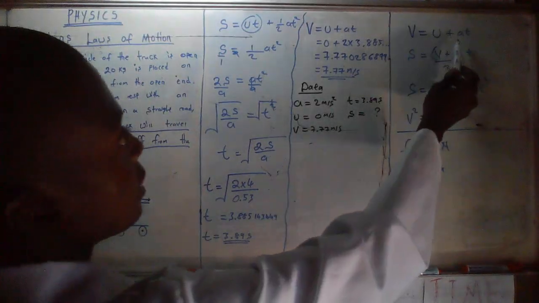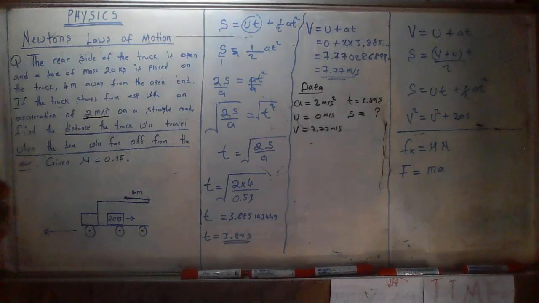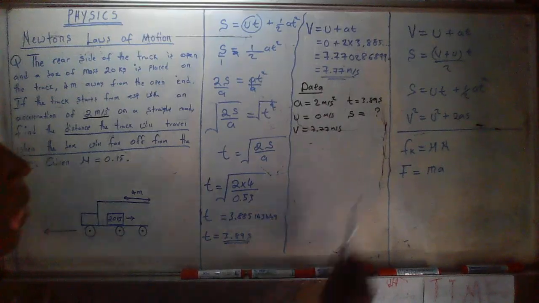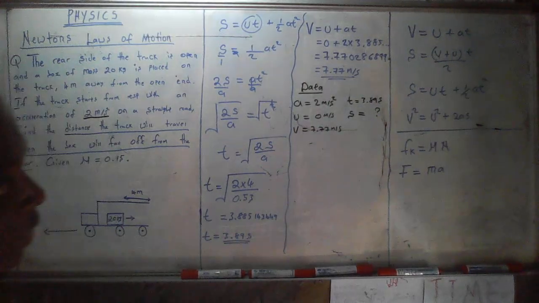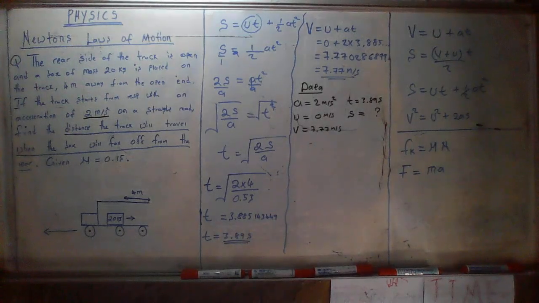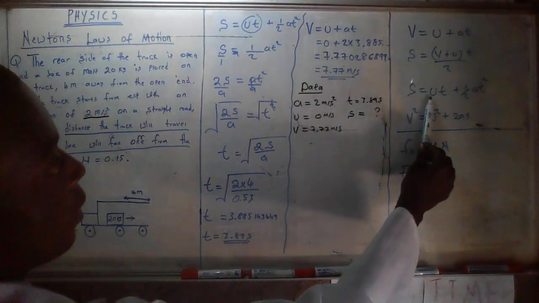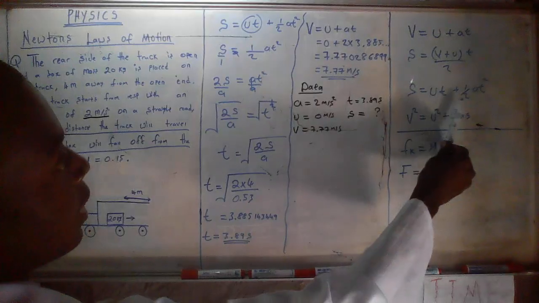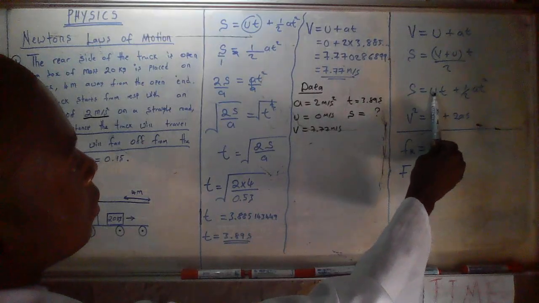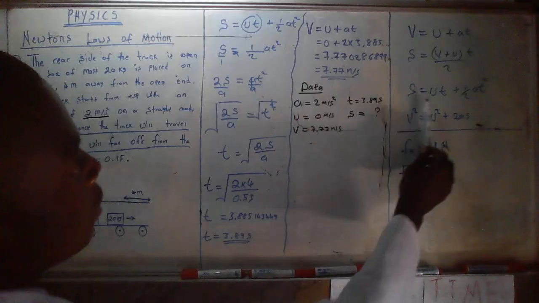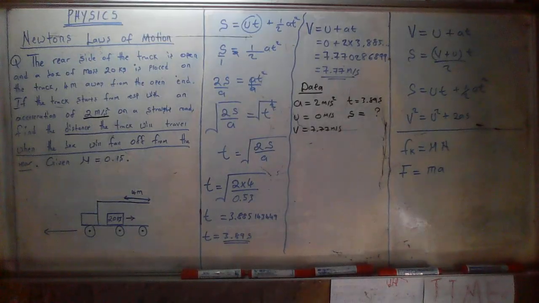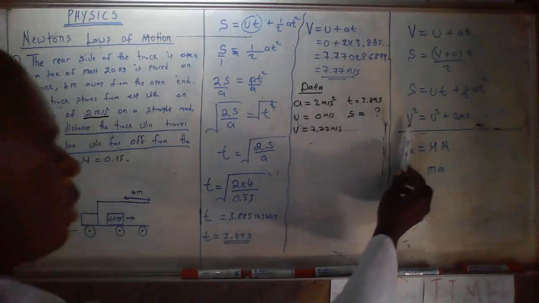In this case, this one doesn't have the distance, disqualified. This one has the distance but doesn't have the acceleration, disqualified. This one has the acceleration and the initial velocity, but doesn't have the final velocity, disqualified. What about this one?